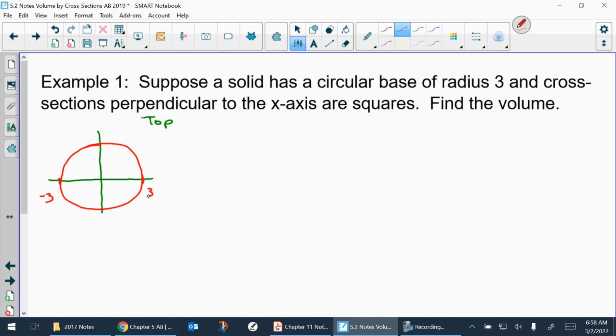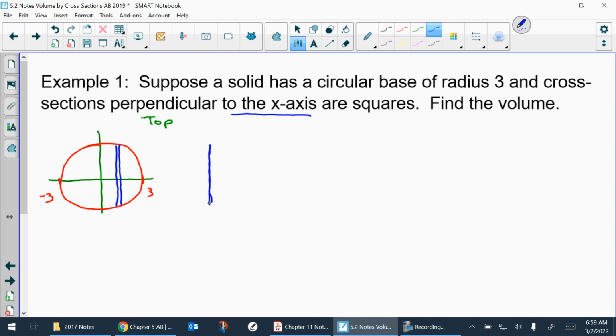What I'm going to do as I look down at this from the top is take my calculus Ginsu, and slice this thing. Take a very, very thin slice, perpendicular to the x-axis. And I'm going to take that slice, and bring it over here, and stand it up. So it's standing on edge, and again, I'm looking down at this from the top.